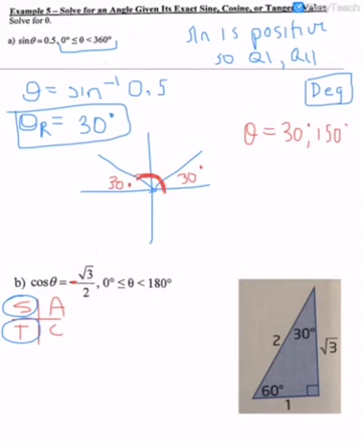So when I look at my special triangle, I see that if I'm dealing with cos, the adjacent is root 3 and the hypotenuse is 2. So that means cos would be that of a 30-degree reference angle. So the reference angle is 30 degrees according to my special triangle. So if I look again, it has to be either in quadrant 2 or quadrant 3.